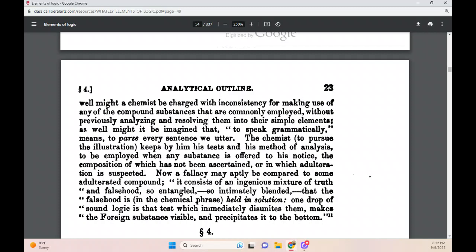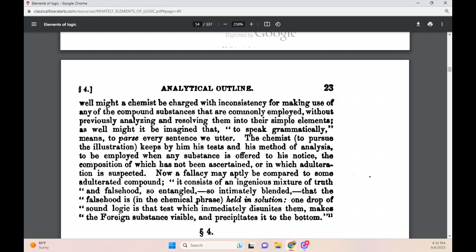And there's very often a mixture of truth and falsehood, a mixture of reasonableness and unreasonableness. And if we're not attentive and if we're not skillful in the art of logic, we will not be able to discern when false things are present and mingled with the true things.